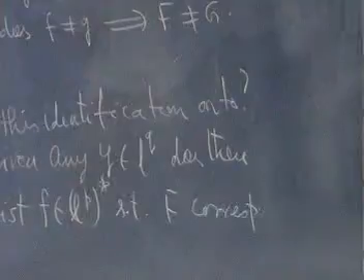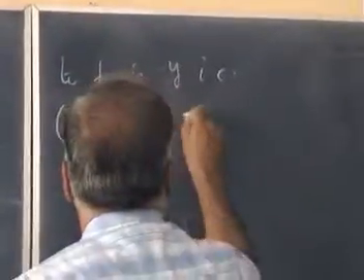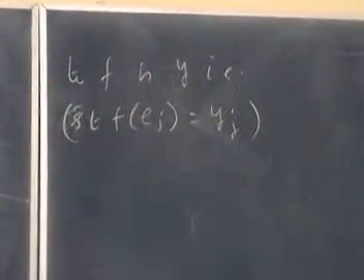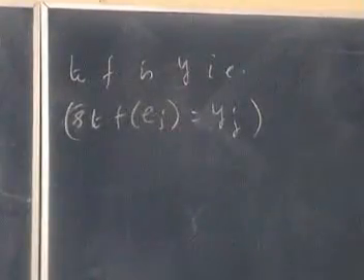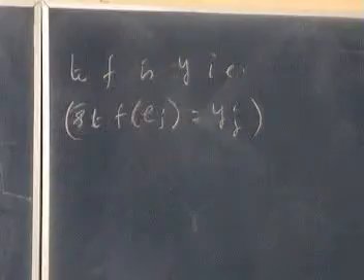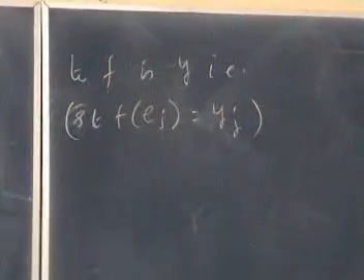That is, F must be equal to y, which means the jth component of this must be equal to the jth component of y. So the jth component in the identification is f(e_j), and that must be equal to the jth component of y. So does there exist such an f? The answer to this question is also yes.